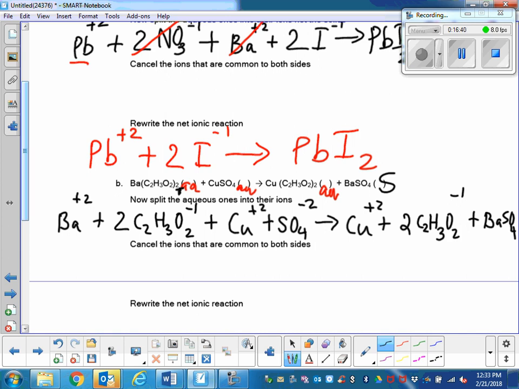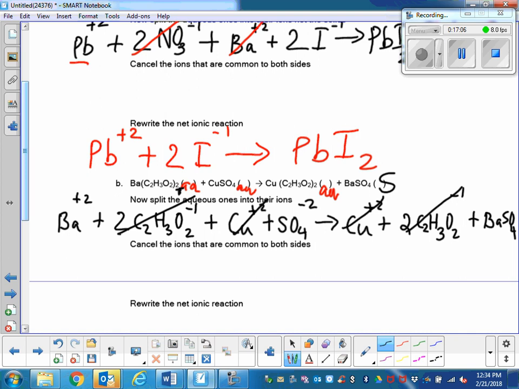So let's see. What are the common ions? Katie, can I cancel Ba on both sides? No. Okay, very good. Can I cancel acetate on both sides? Okay, so I'm canceling acetate. Annie, can I cancel copper on both sides? I can cancel copper.